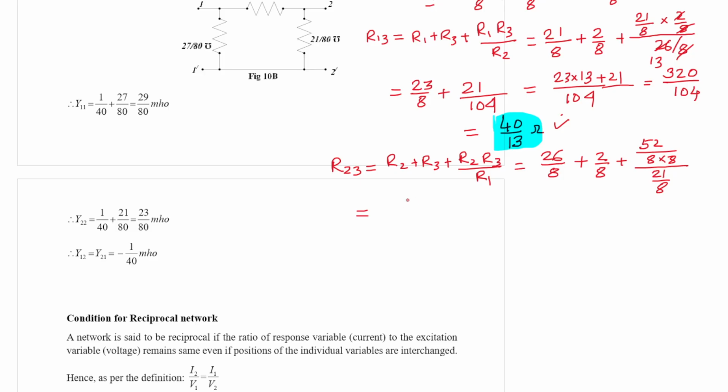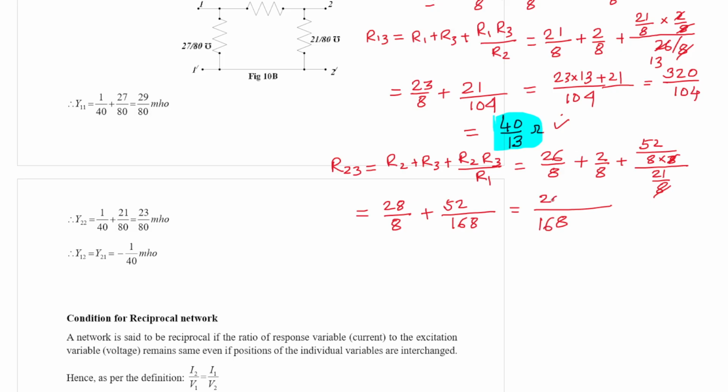So if you solve, the first two terms will give you 28/8, plus the second two terms, 8 cancels, so 52/168. So 168 becomes the LCM.